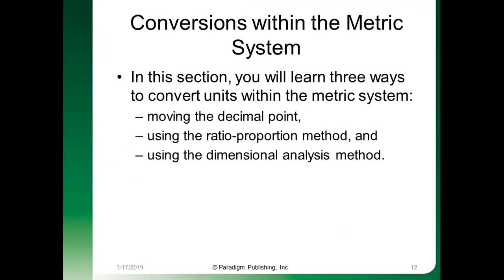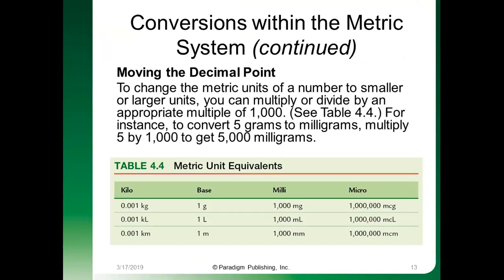So conversions within the metric system. In this section, you will learn 3 ways of converting units within the metric system: moving the decimal point, using the ratio proportion method, and using the dimensional analysis method. So, moving the decimal point.